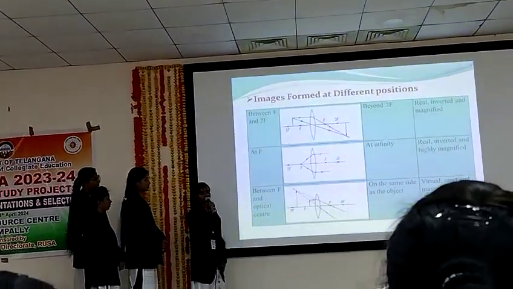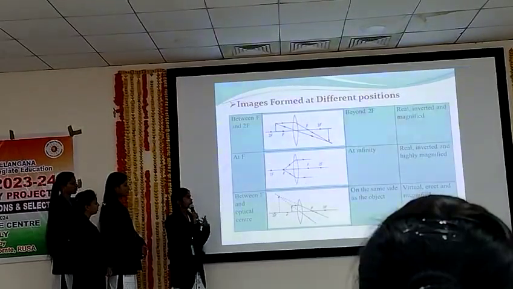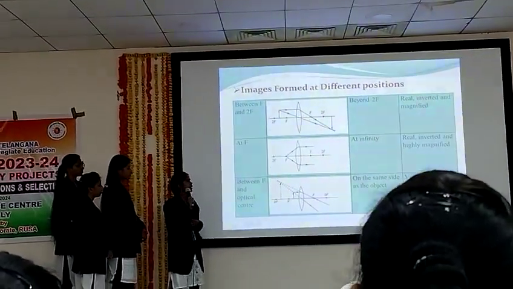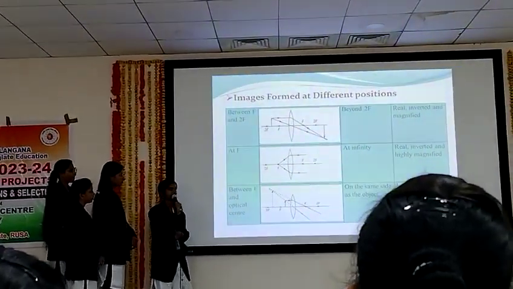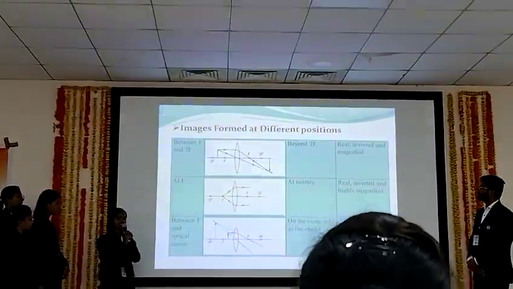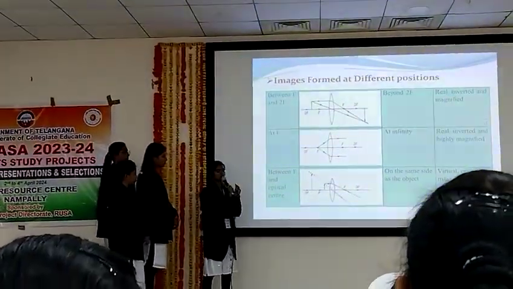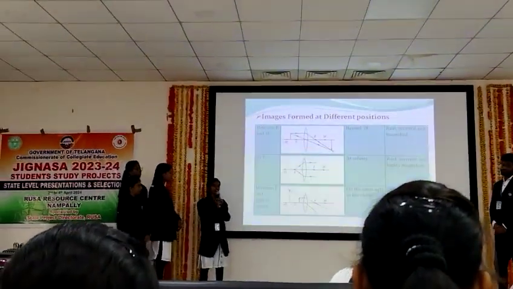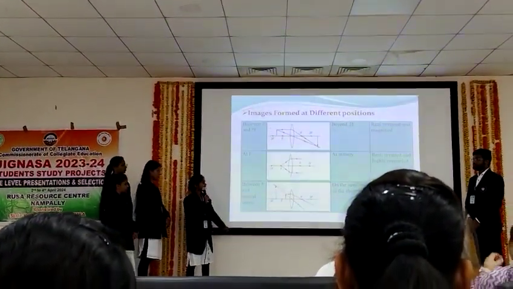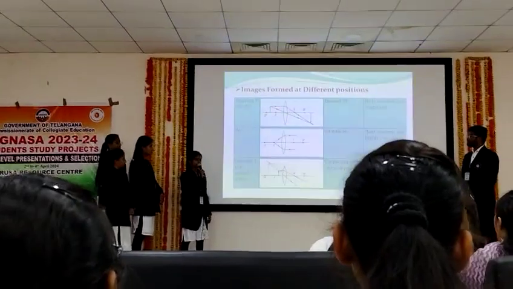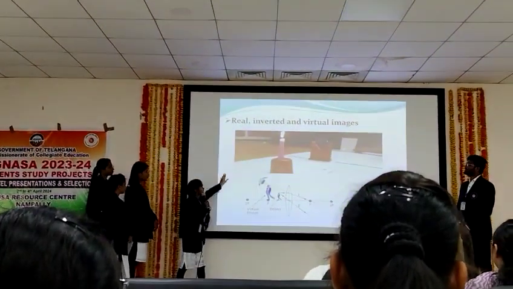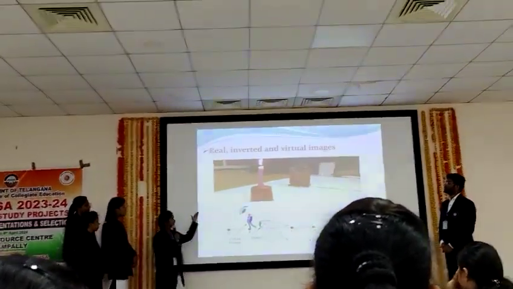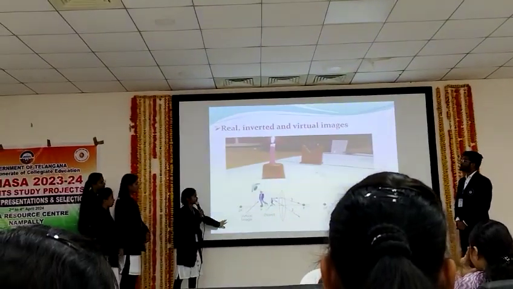When an object is placed at f, it will produce a real, inverted and highly magnified image at infinity. When an object is placed between the optical center and f, it will produce an upright and larger virtual image on the same side as the object. Here it is the real and inverted image. This is the virtual image.